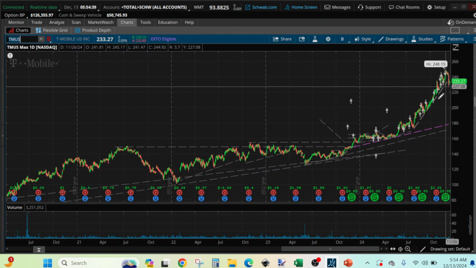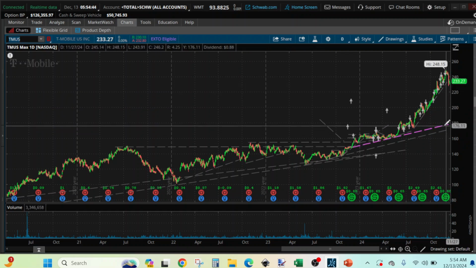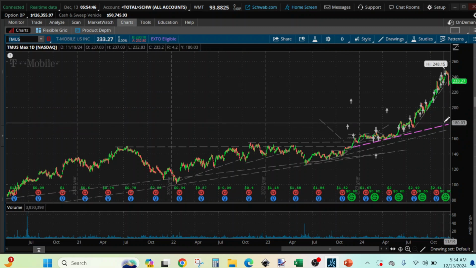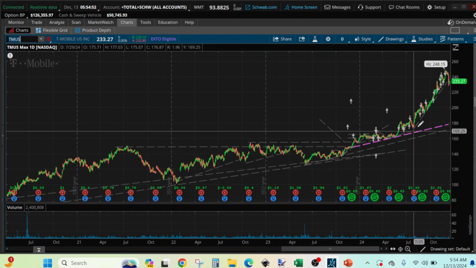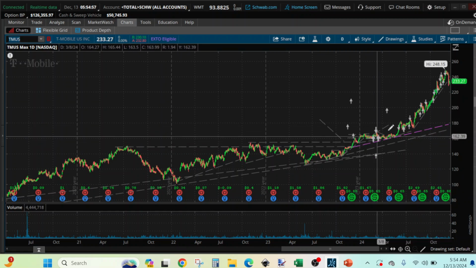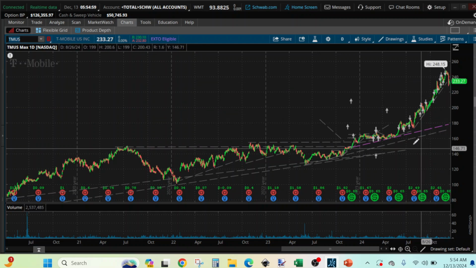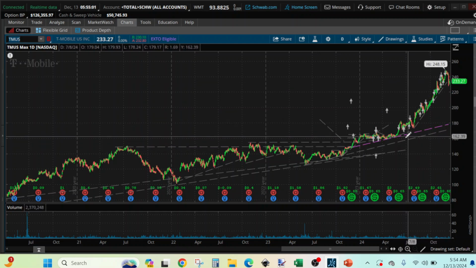T-Mobile is following this trend line here, but we like to wait and buy it on this line, because we don't know when it's going to go off of it. It could be around March or so, I'm not sure, but it's quite a bit away from it.